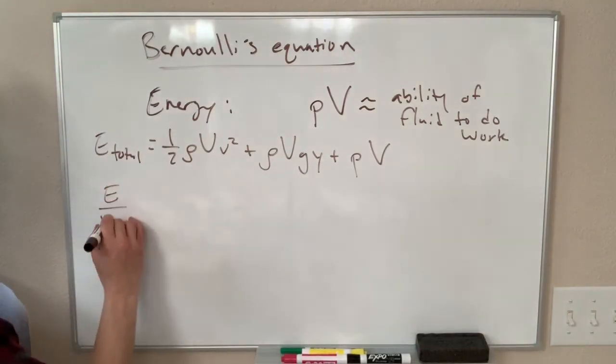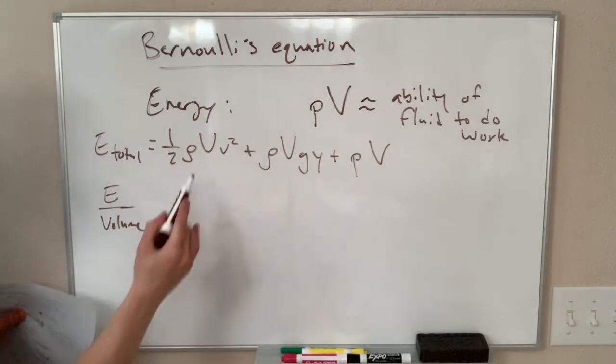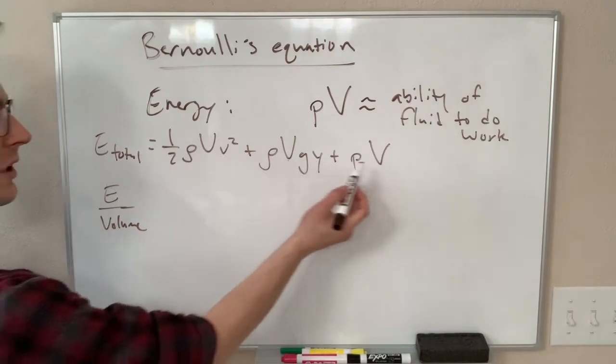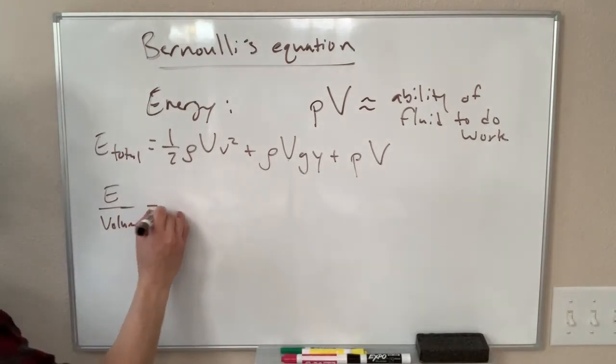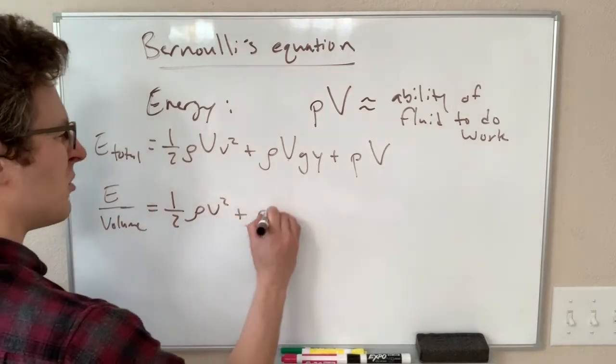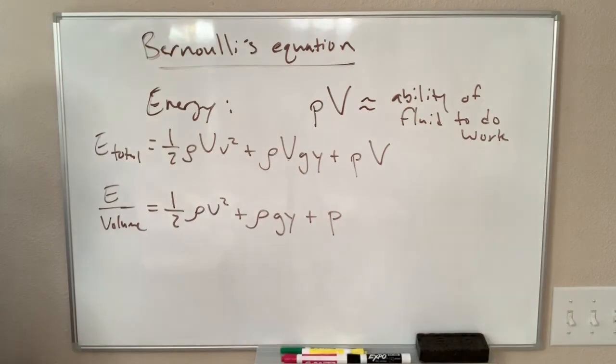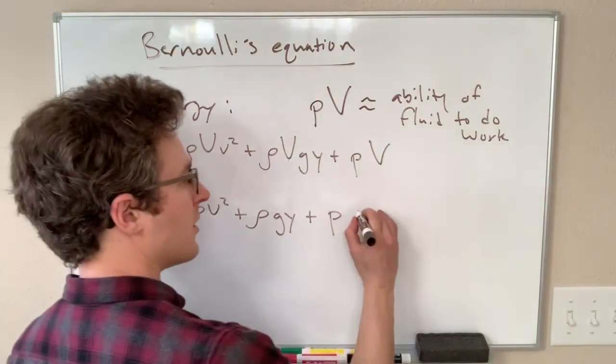So if we divide this total energy by volume, we see that there is a capital V in every one of these terms, so those end up canceling out. We have 1/2 rho v squared plus rho gy plus P. That is our energy density.